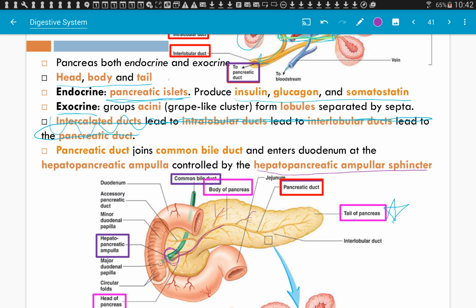And so when the sphincter releases, then it is released in through the major duodenal papilla, this little hole, into the duodenum right here. Okay? So please make sure you know this. You need to know what the hepatopancreatic ampulla is. You need to know that this is where your pancreatic duct and your common bile duct come together, right before that sphincter, which controls the flow of the bile and the enzymes into the duodenum. Okay?